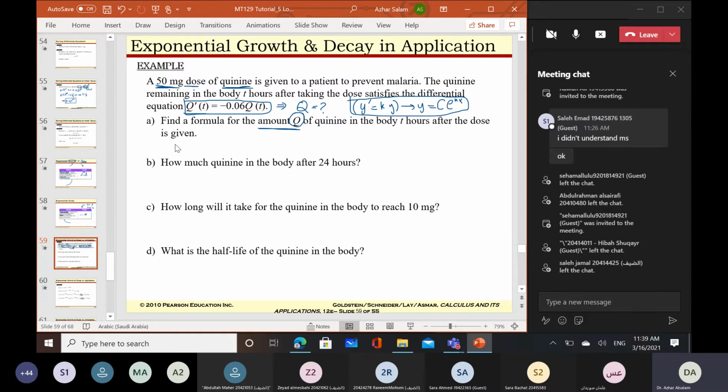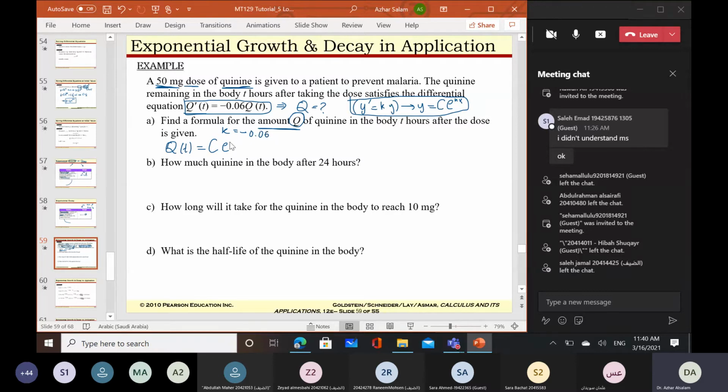So here I can say that Q of t, my variable here is t, is equal to c multiplied by e to the power kt. What's k here? This is k multiplied by q, which is minus 0.06.